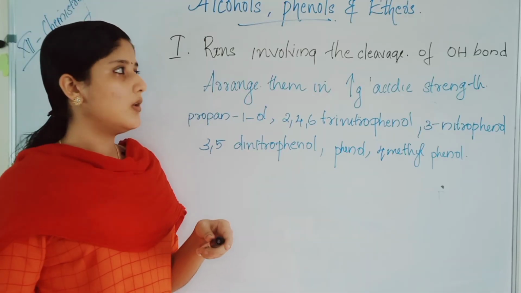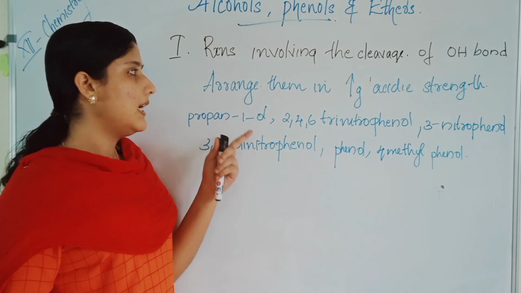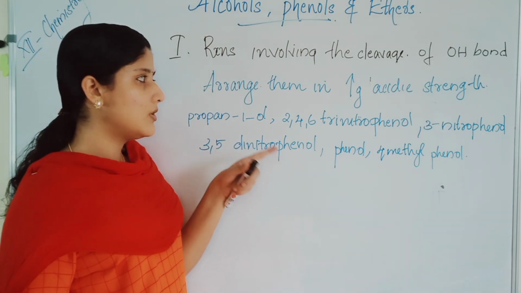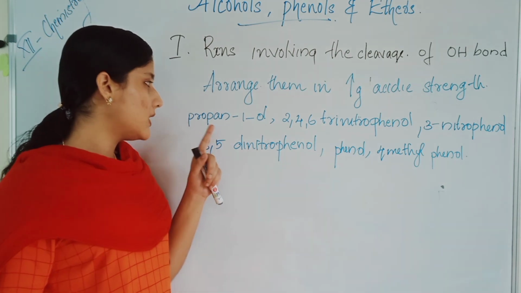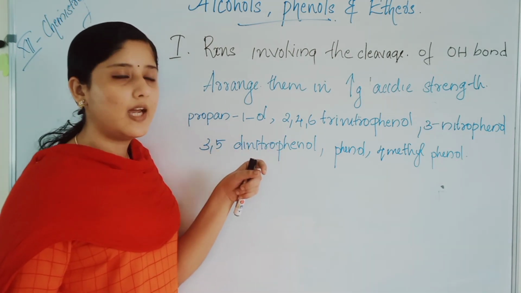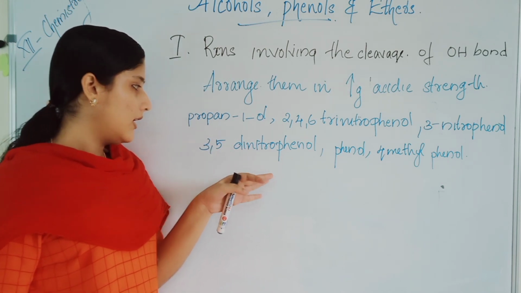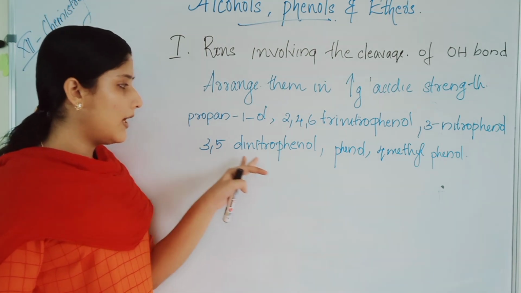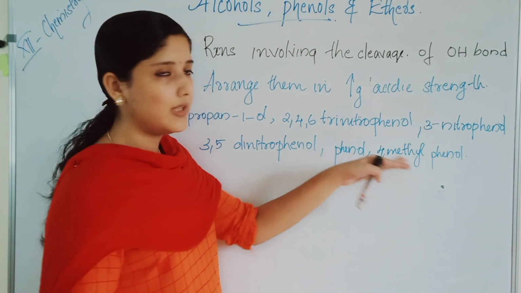So students, you can just pause the video and write this question. Arrange the following compounds in the increasing acidic strength. Okay, the first one is propan-1-ol, second compound 2,4,6-trinitrophenol, third one 3-nitrophenol, and the next is 3,5-dinitrophenol, phenol and 4-methylphenol.